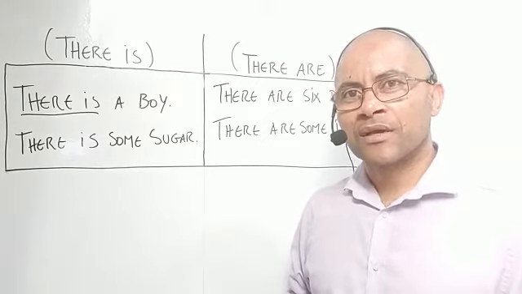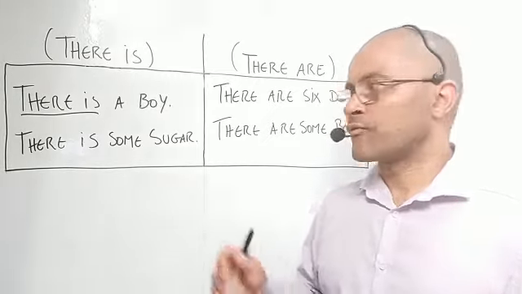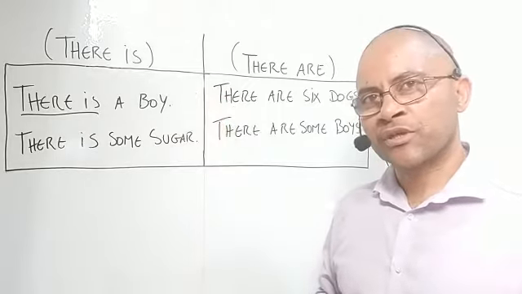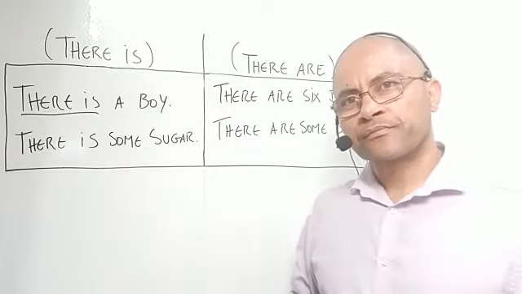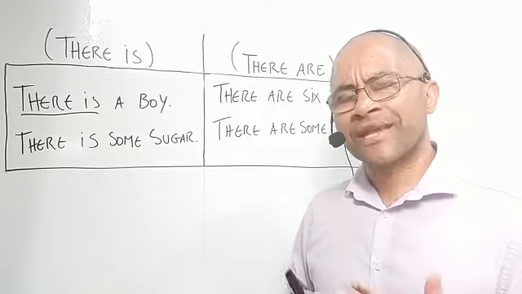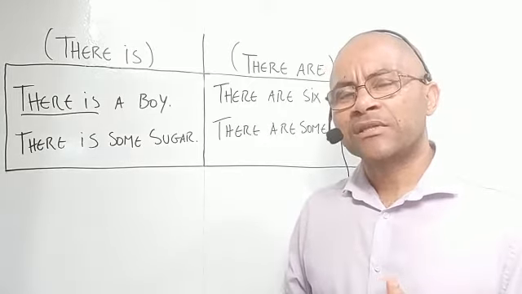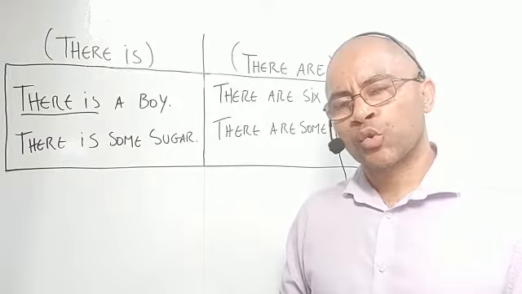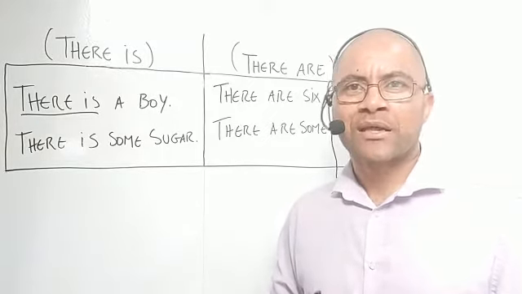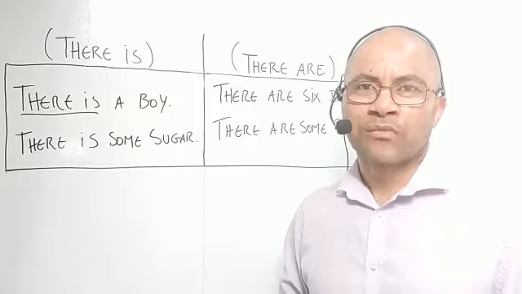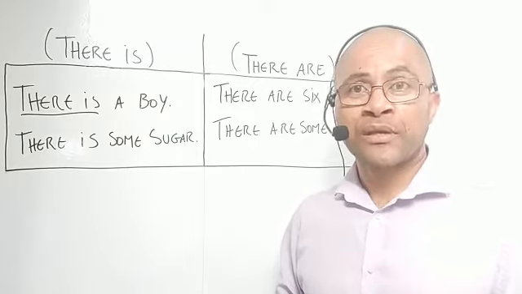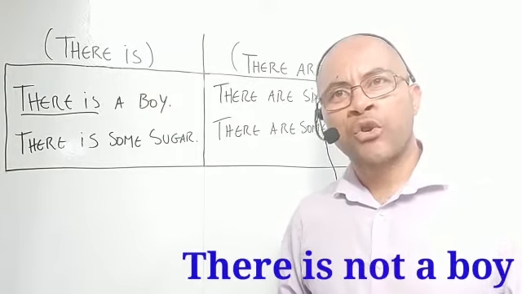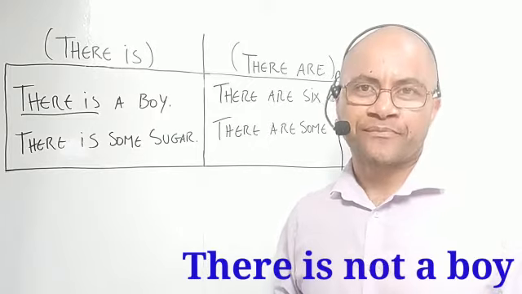Okay? Now, let us see from example 1, which is there is a boy, how can we make the negative and the question. So the negative is very simple. We need to add the word not. Okay, so the negative would be there is not a boy.